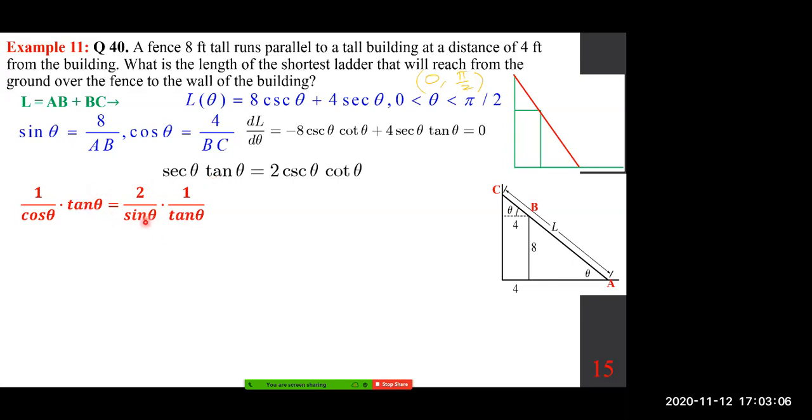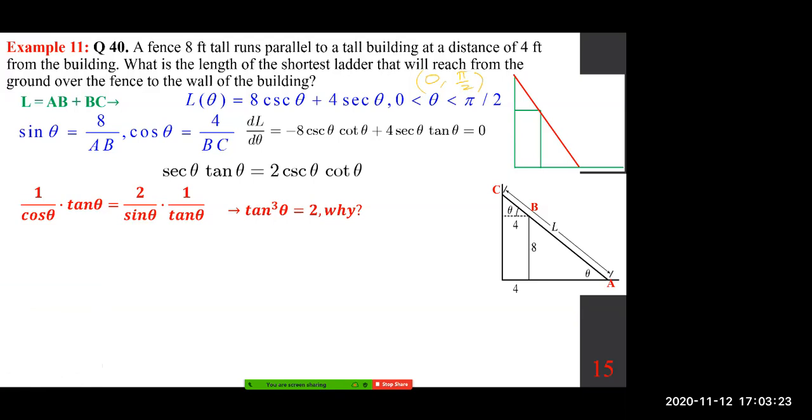So if you drop this, this becomes tan squared. If you bring the sine to this side, sine over cosine is another tangent, that gives you tangent cubed equals 2. Okay, perhaps, let me show this.